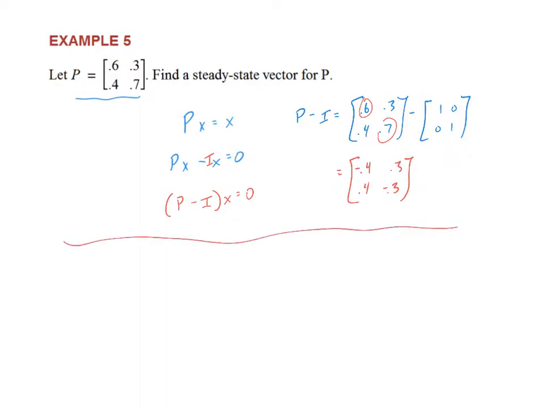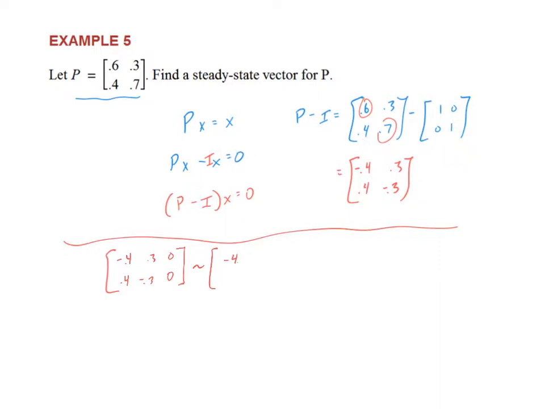So now what we do is we take negative 0.4, positive 0.3, 0.4, negative 0.3, augment that with a column of zeros because it's a homogeneous system, and do a couple of row operations, and I mean just a couple. It should be done in 2 steps. What you get is, well, those 2 rows cancel each other out, right? They're exact opposites of each other.